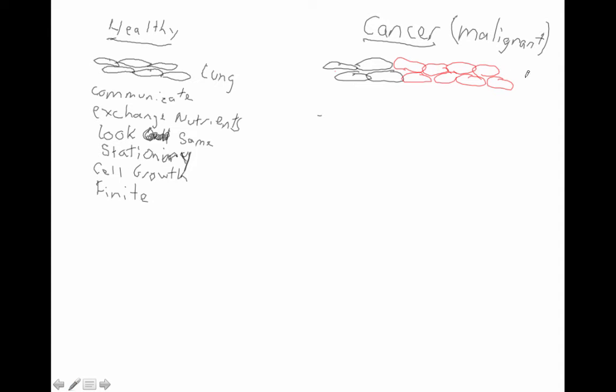They're still there, these black ones, so I'm going to draw a couple of them here. So this is very common in the early stages of a tumor, that they begin to grow faster than the other ones, than the healthy ones. Let's go ahead and draw something next here.